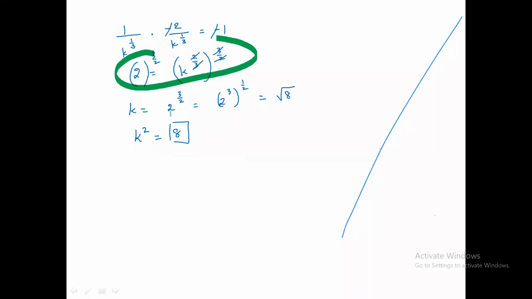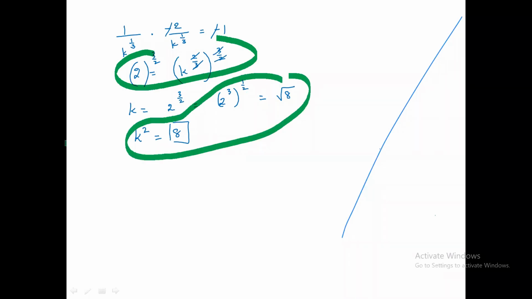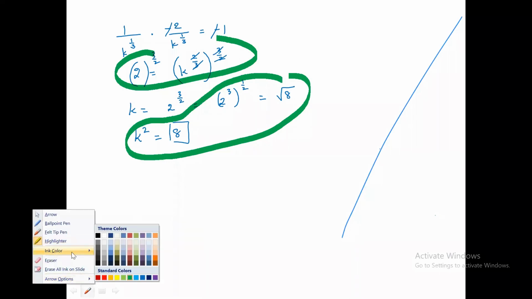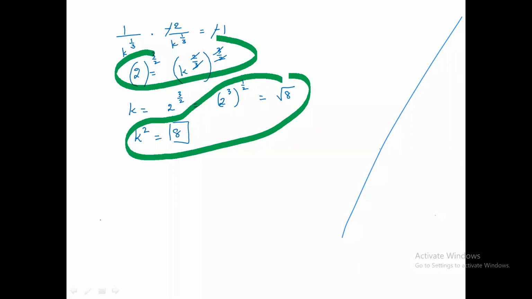And after this step, let me remind you, I will not do this. After this step, I will tell you what I will do. Once I got k equal to 2 power 3 by 2, because I want k square, I will square both the sides. So k square will be equal to 2 and 2 will cancel, 2 cube is 8.